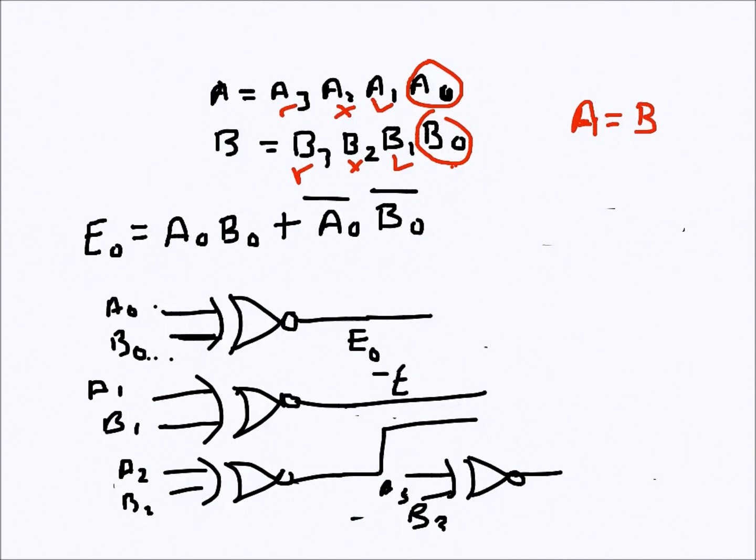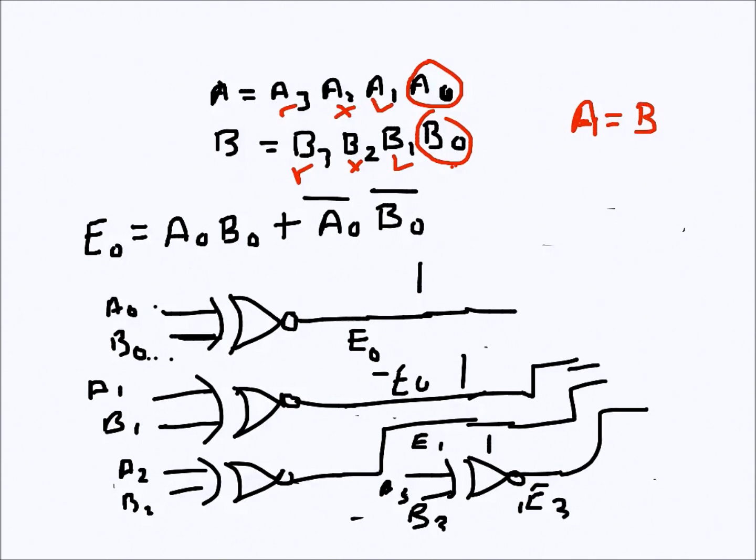For all the numbers to be equal, each of them has to be 1. So this one will be 1, this one will be 1, this one will be 1. So the final test result can be found by just ANDing the whole thing. If A is equal to B, we will get a 1 here.